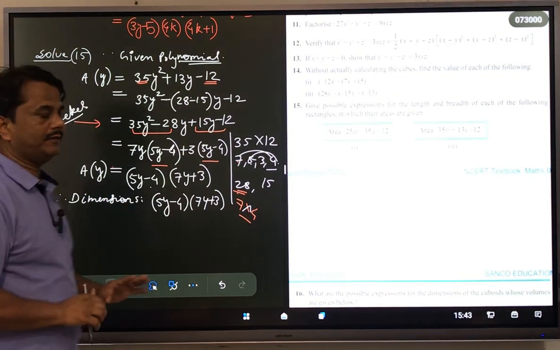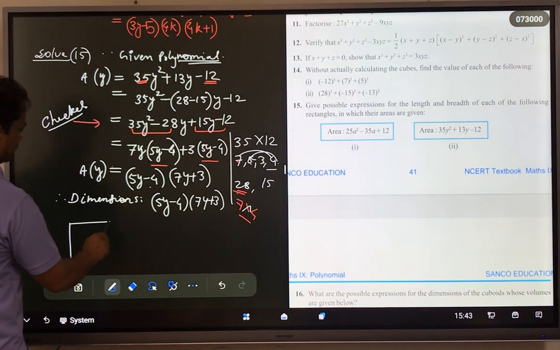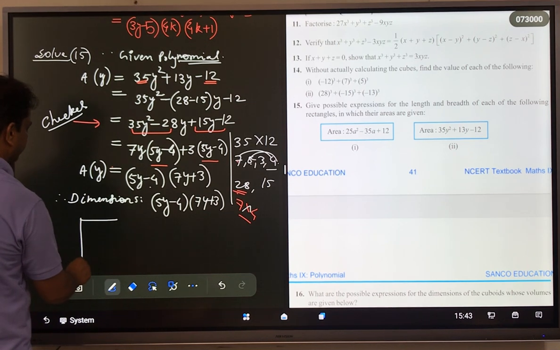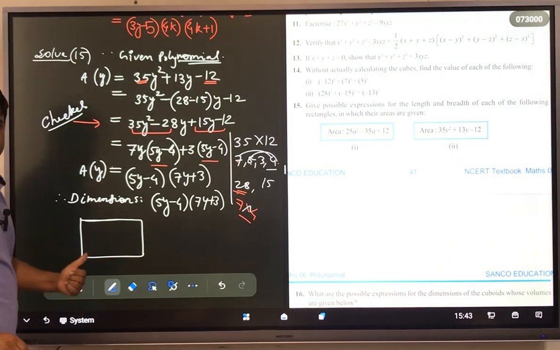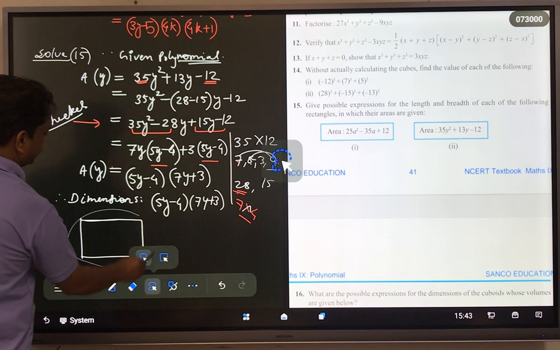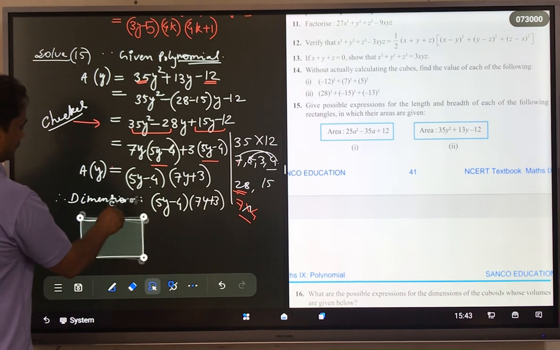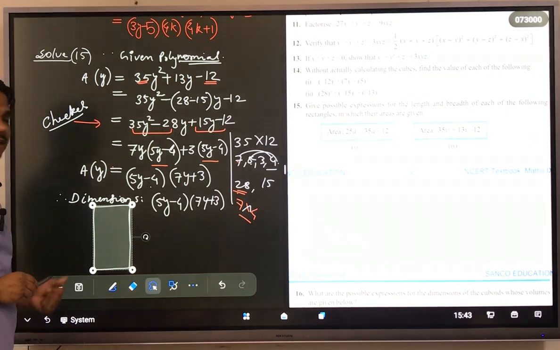This is a rectangle. Its breadth is much greater than the length, right now? Now tell please, what about the length and breadth?